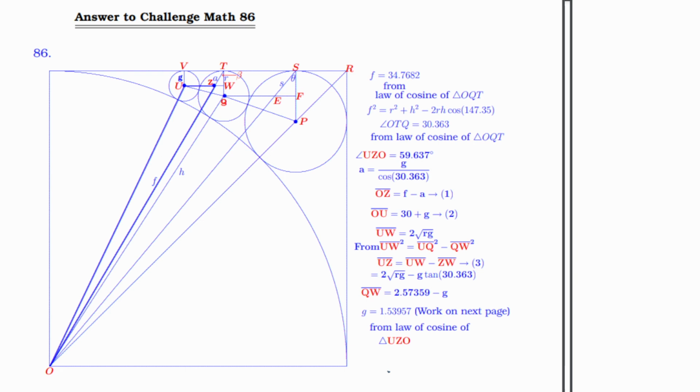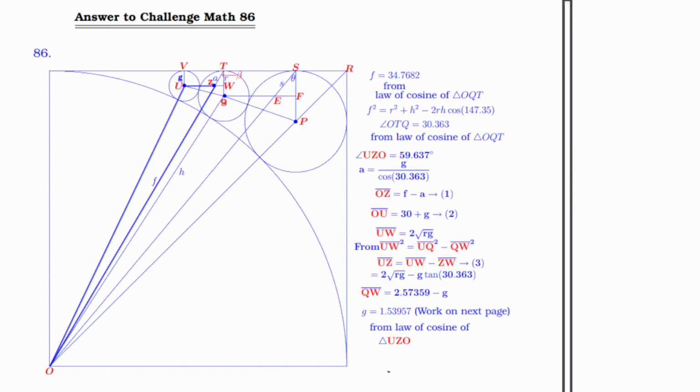The length of OT, which was F, from T to O, the total length was 34.7682 from the law of cosine, because we have the angle OQT. Do you remember we had this angle just before? That's why, using the law of cosine, we could get this length of OT.